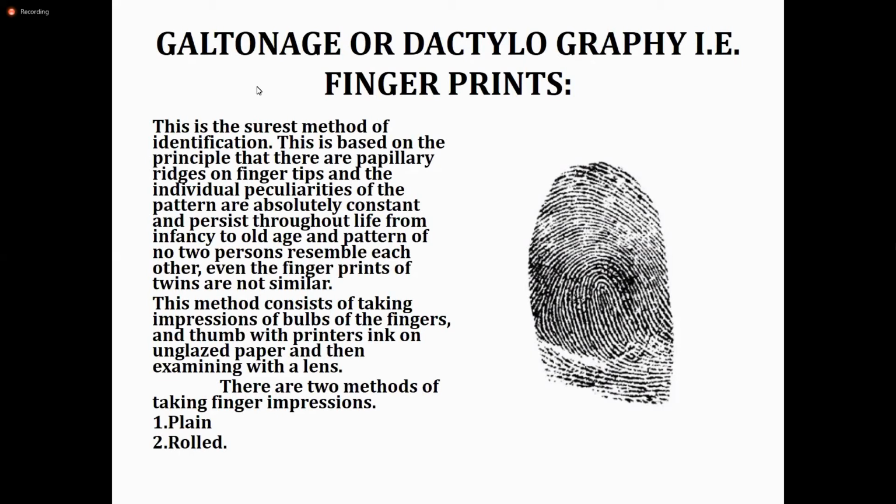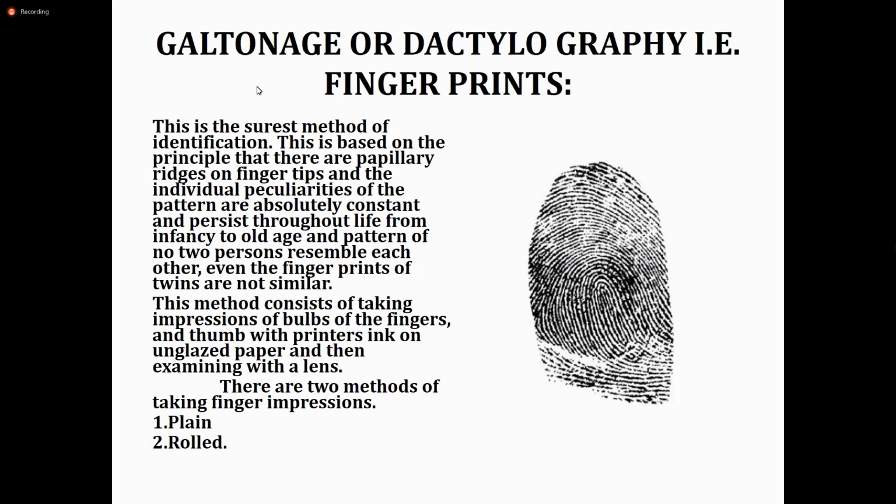Now there is a database by the name of AFIS, which means Automated Fingerprint Identification System. Through this, it permits rapid entry, comparison, and identification in just minutes to hours, as compared to weeks or months in the conventional manual search methods.